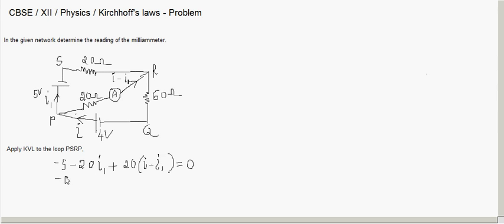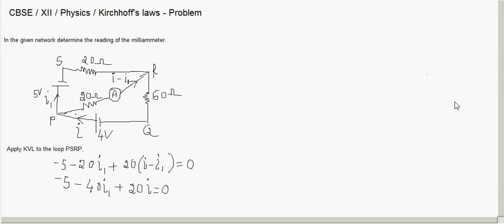Now simplify this. -5, -20 I1, and here again -20 I1. That will become -40 I1 plus 20 I equal to 0.